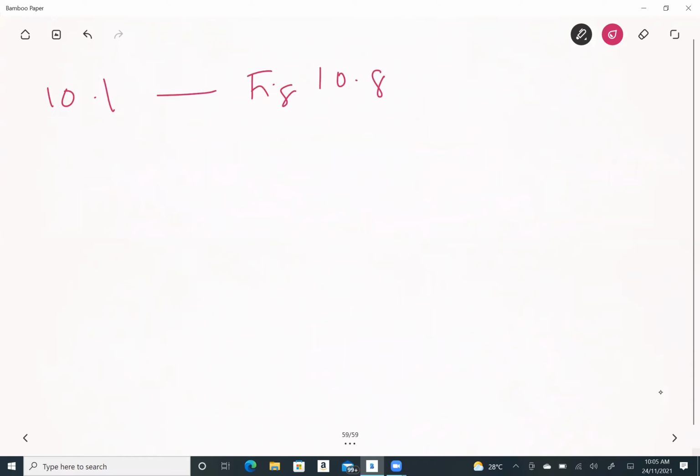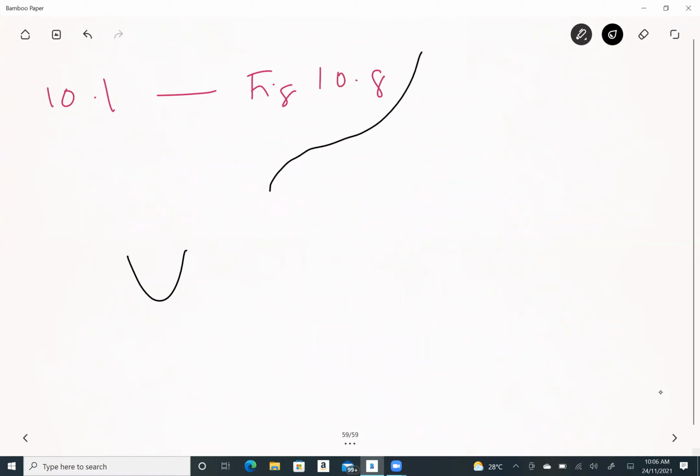Now, if you look at the two critical points, the first critical point, no problem. The first critical point is like this. But if you look at the second critical point, you'll get something like that.